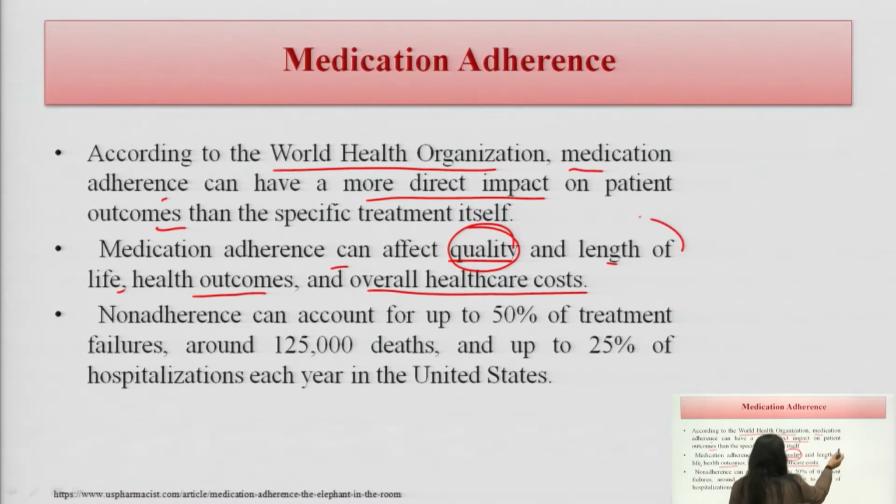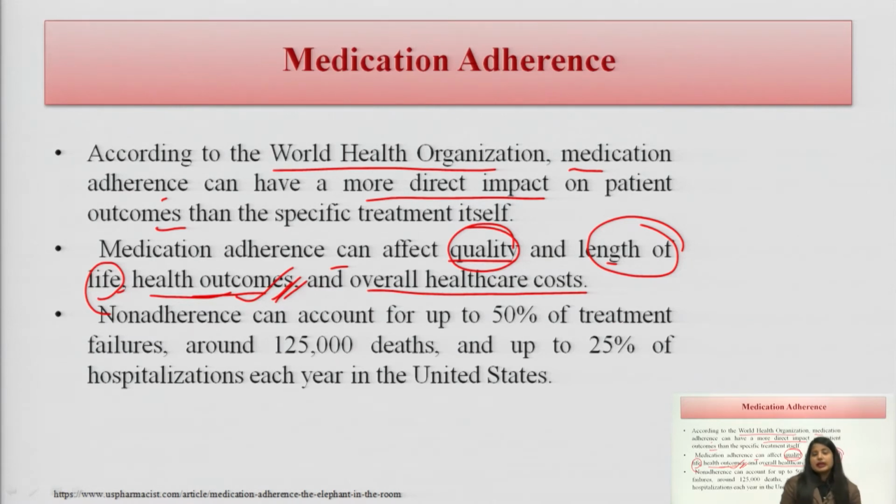Also, the length of life the patient has in a particular disease will improve and health outcomes will increase, especially if I take an example of a disease such as hypertension or diabetes, where the patient takes the therapy as prescribed in the physician's order. Health outcomes will be improved, and so will healthcare cost.